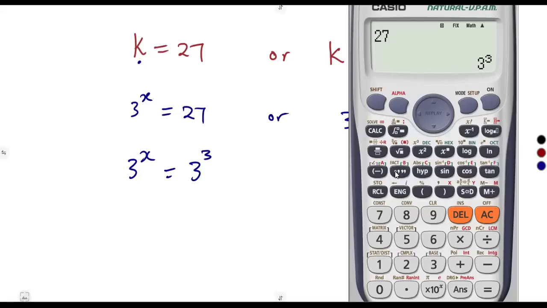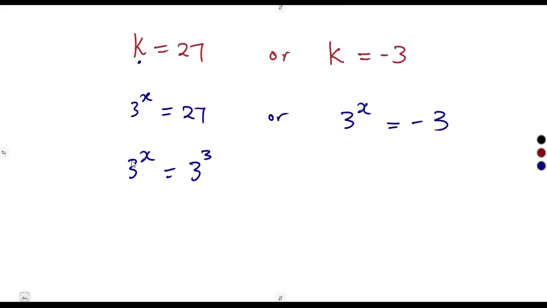Guys, once we see this, same bases like this, it automatically tells us that the exponents are the same. So therefore, x is equal to 3. Equate the exponents.